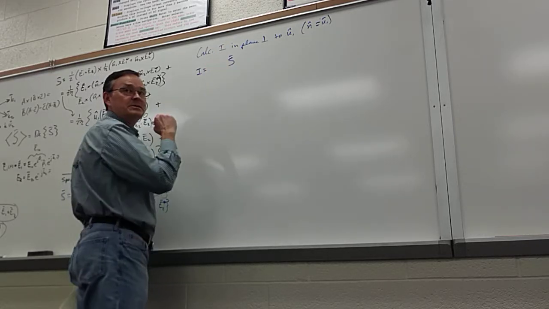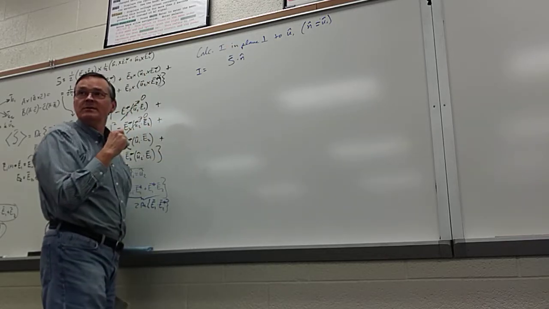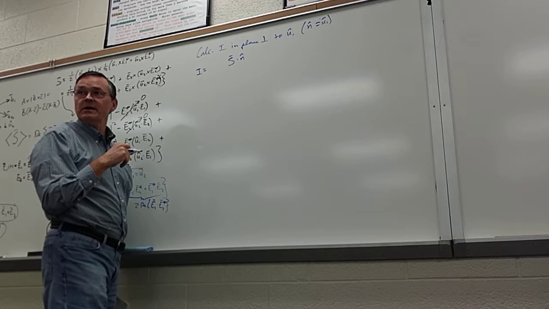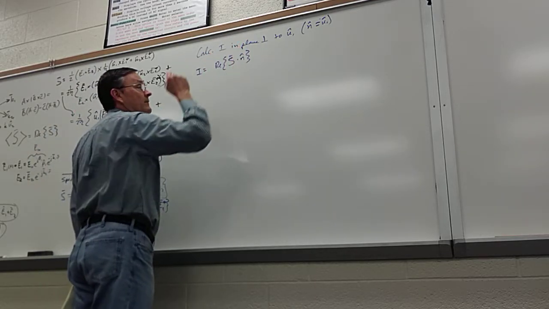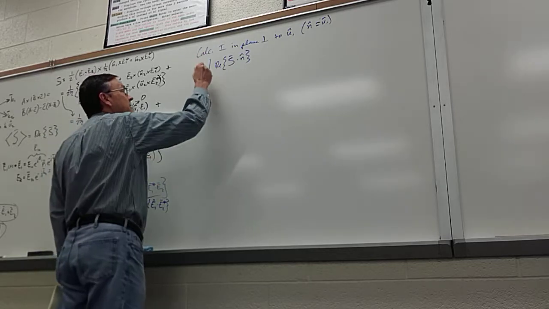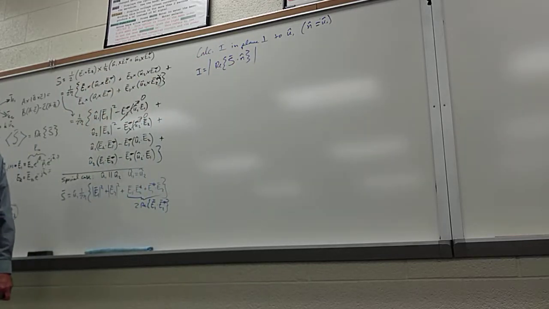We take the complex Poynting vector, we dot it into the surface normal of the surface over which we want to calculate the irradiance. We take the real part. And then we take the magnitude, just so we don't have negative irradiances. Which is the same thing as saying we're throwing away the information as to whether our surface normal is in the direction of propagation or opposite to the direction of propagation.